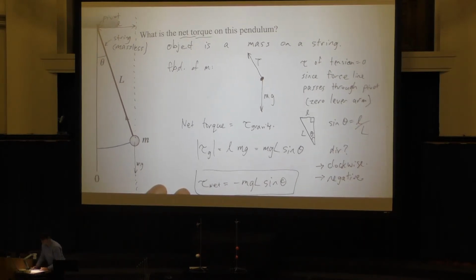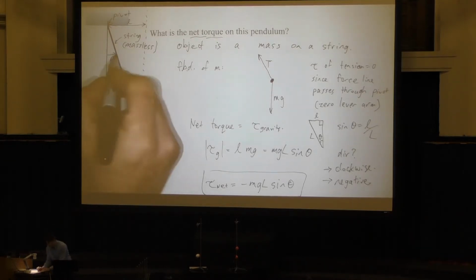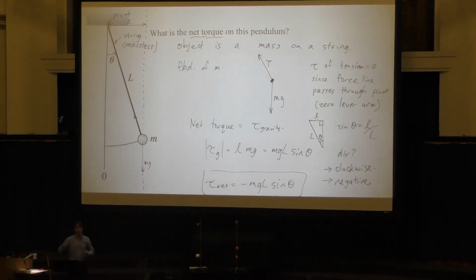Got it? And that'll go on my next slide. The reason we say that it's negative is because we've defined positive theta to be going counterclockwise. We've actually defined theta equals 0 to be down, and theta to be increasing from that negative y-axis. And that's important.